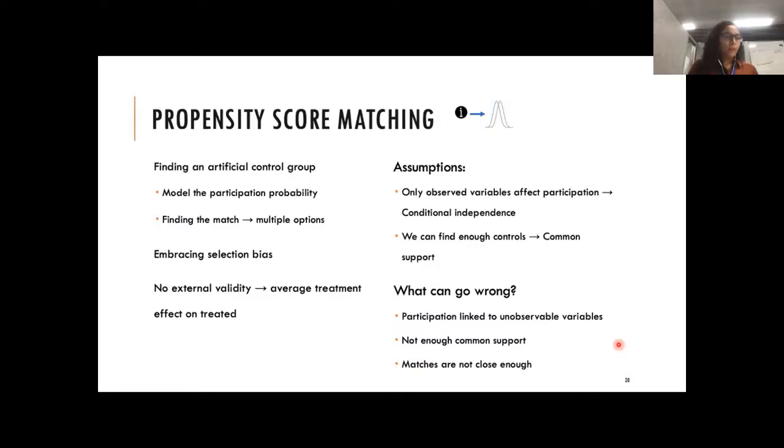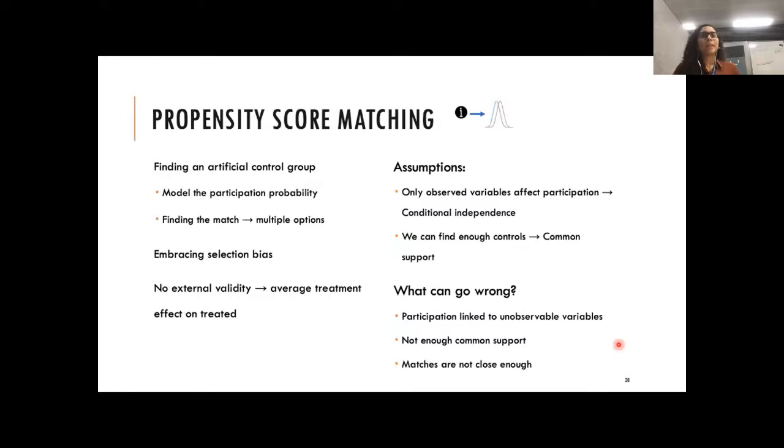So, for example, I can only observe gender, age, and socioeconomic status, but it happens that the program was announced in a newspaper, so only people who read the newspaper were assigned to the treatment group, and therefore those in my treatment group were also more prone to read.